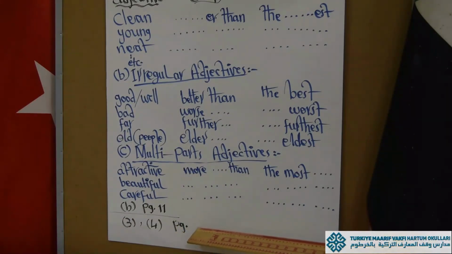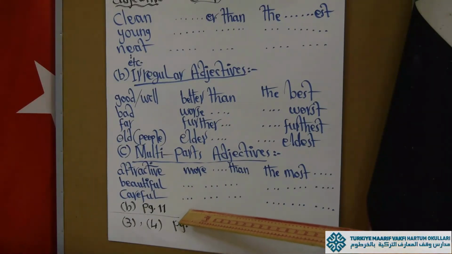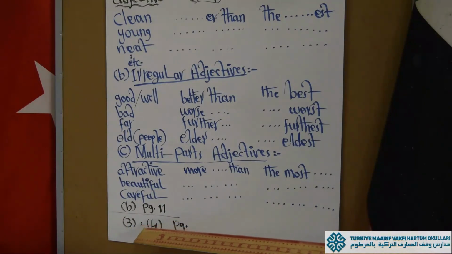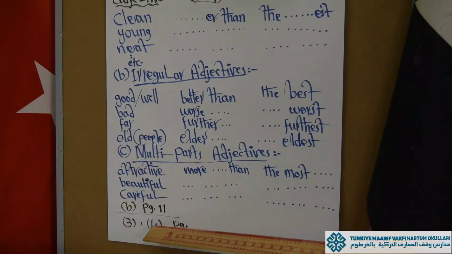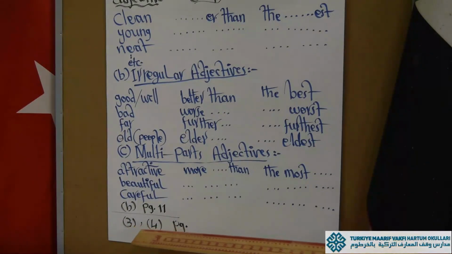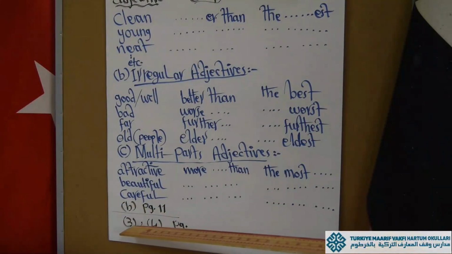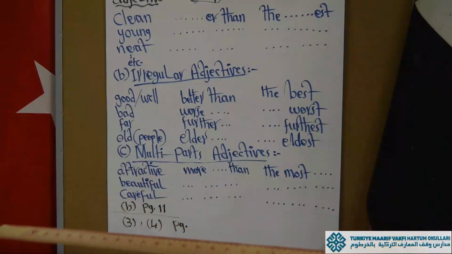Go to page 14, and there are two exercises. Number 3 and number 4 have something to do with the present simple tense, and I think this lesson was taught 3 days ago. So go and check it, try to read. Thank you. That's all.